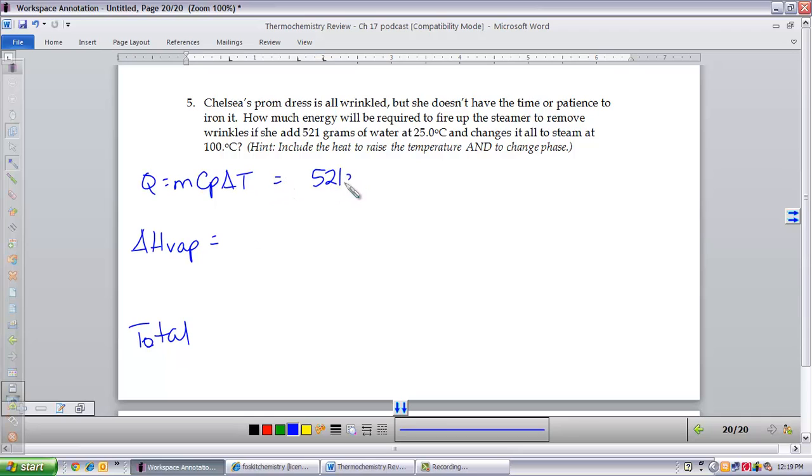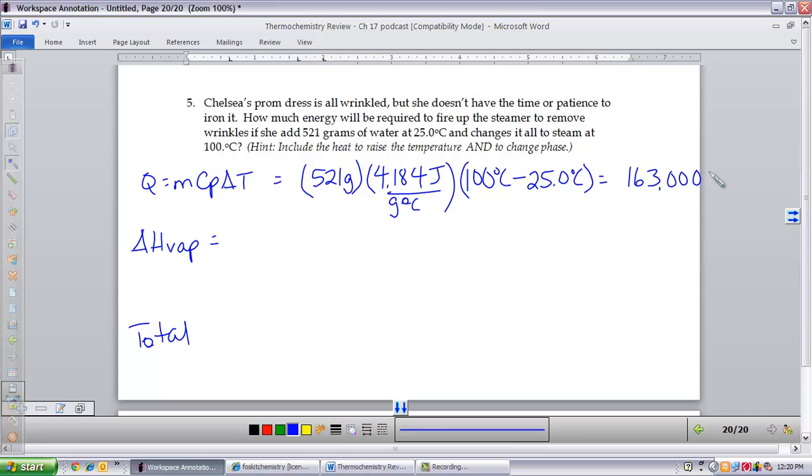So if you look at this one, the mass of the water is 521 grams. The heat capacity of water we've used before. And then our final temperature is 100 degrees C minus our initial. The reason we're stopping at 100 degrees, not just because the problem says, but that's where you boil water. So we can't go past that amount until we change the phase. So you get that number.